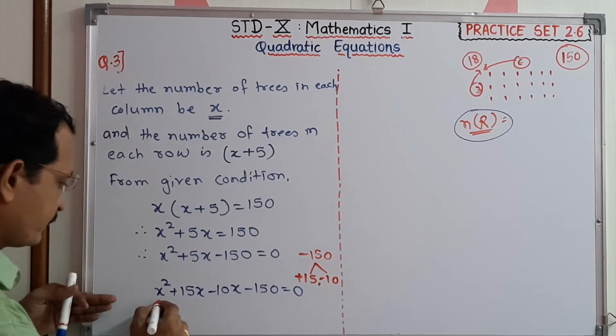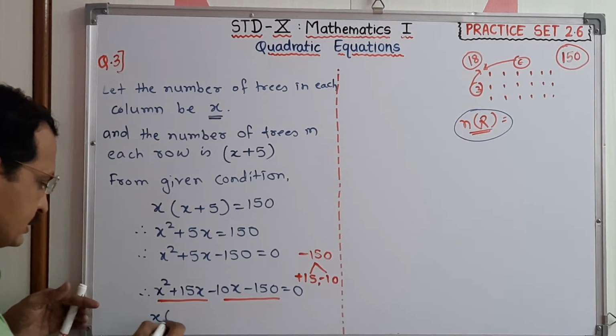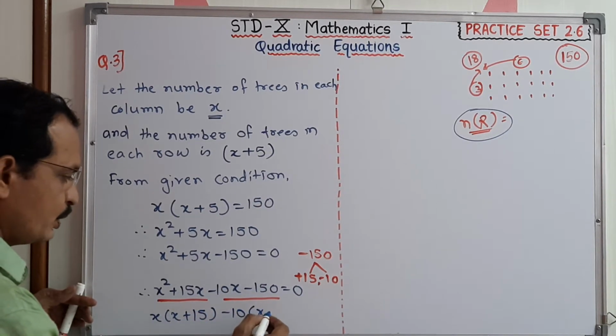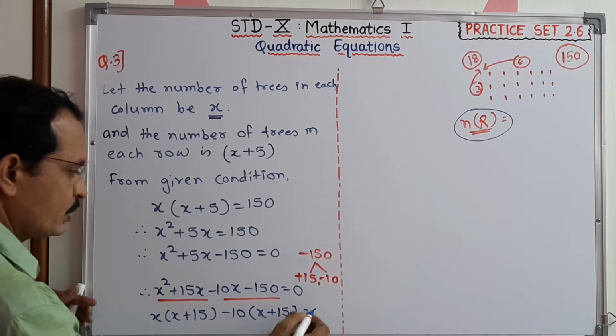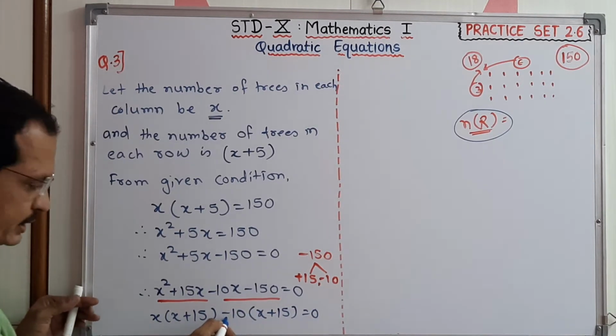Then it is x into x plus 15 minus 10 into x plus 15 equal to 0. This minus will become plus because this is minus 10.